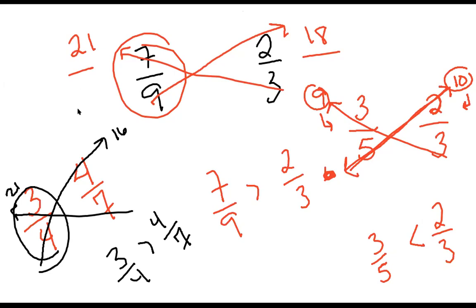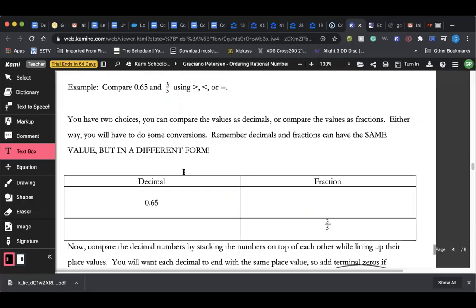Okay, we're going to go back to our notes. Already forgot where I was. We compared these two fractions already. You guys should have these notes, but I'll add them back in as well. This fraction is 13/20. This decimal is 0.6.